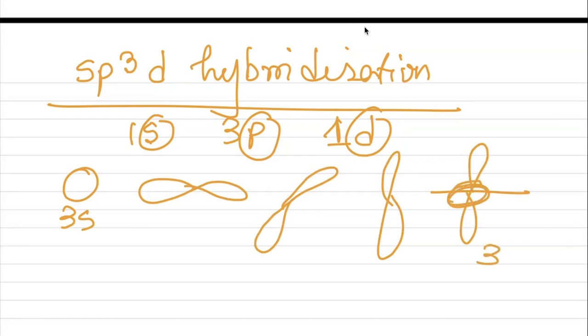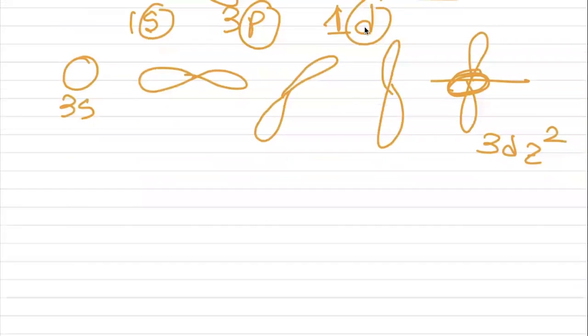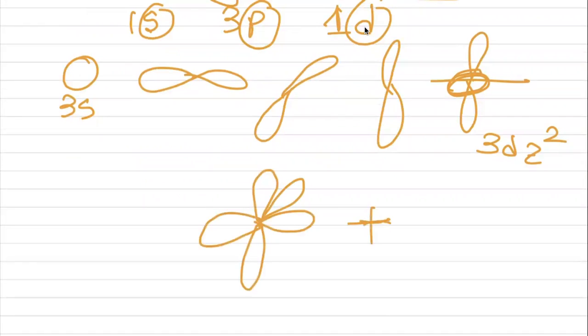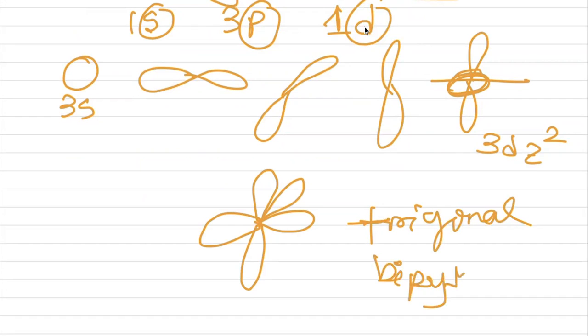That is, the 3d z square orbital will intermix, and it forms a structure like this. And it forms trigonal bipyramidal geometry.